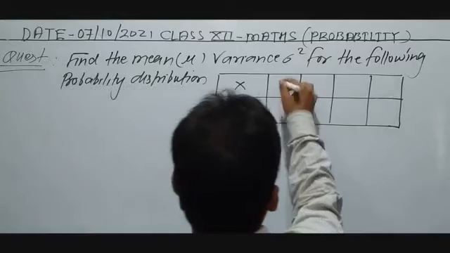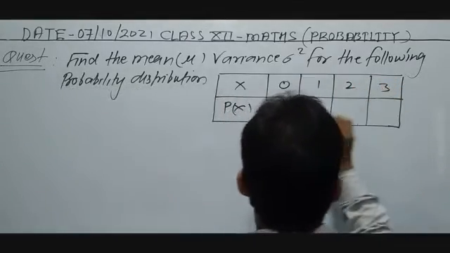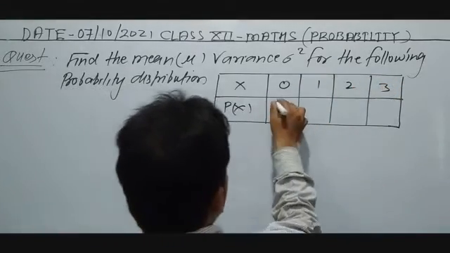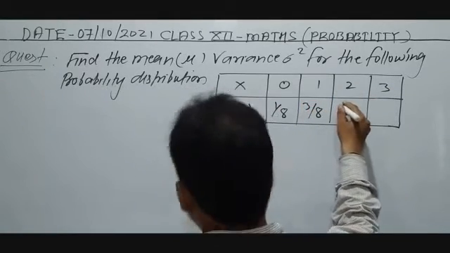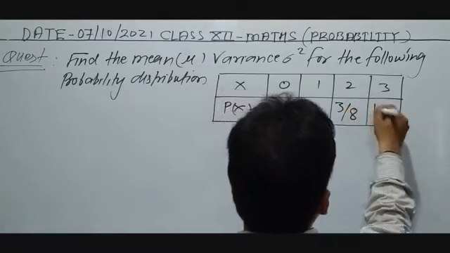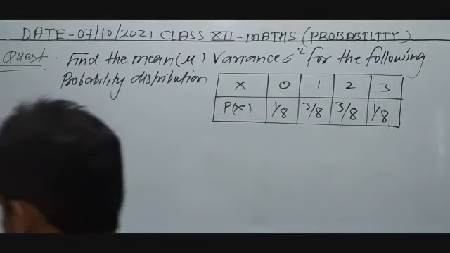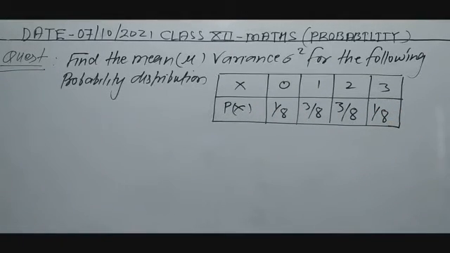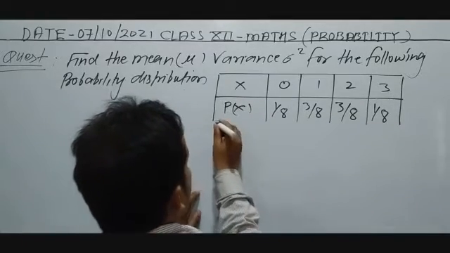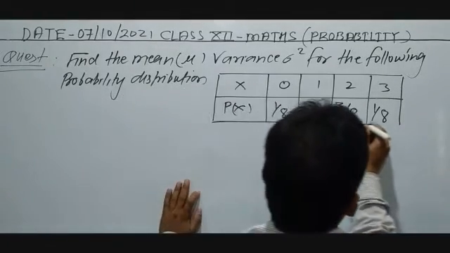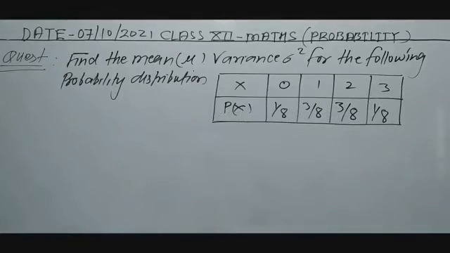So 0, 1, 2, 3, and the probabilities are 1 by 8, 3 by 8, 3 by 8 and 1 by 8. Now see, this is the given probability distribution and we have to calculate the mean. Now see the solution.